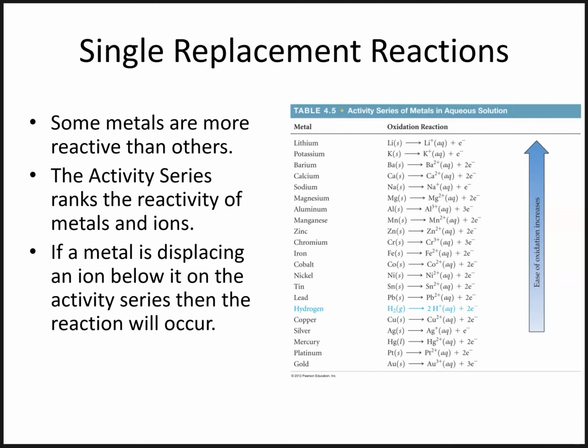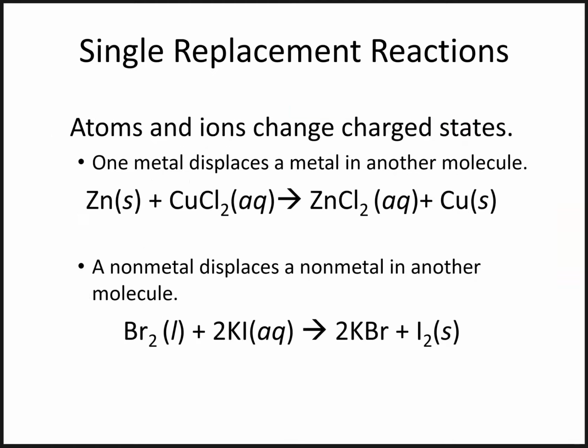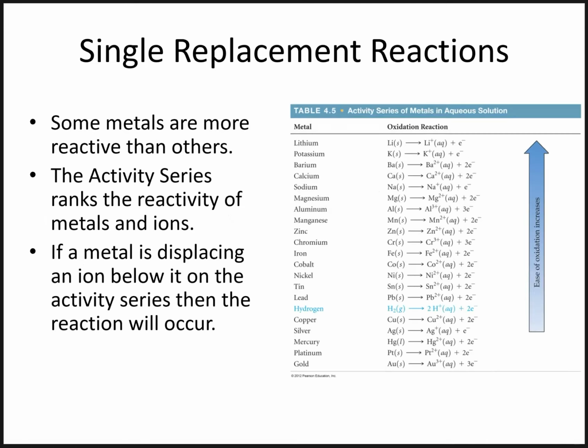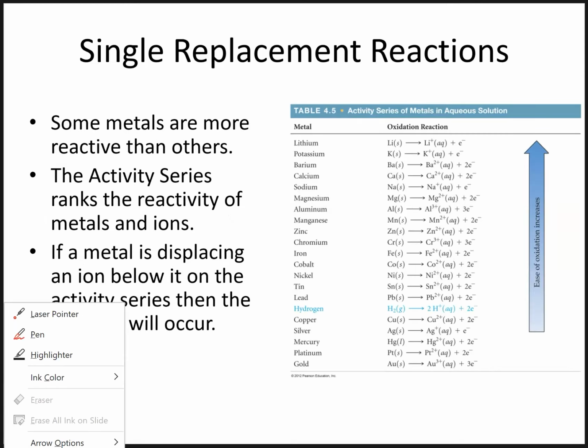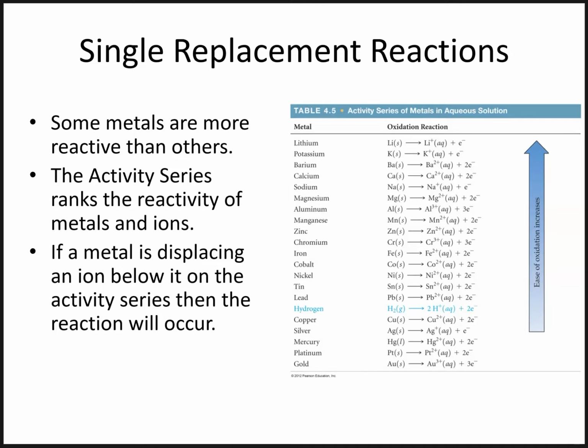I'm going to go back a slide for a second, and here we see we've got zinc trying to replace copper. The way we're going to figure this out is by finding zinc on our activity series here.